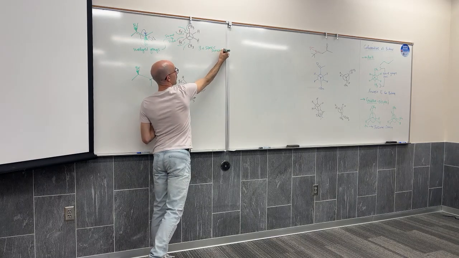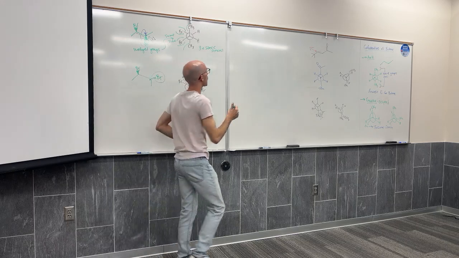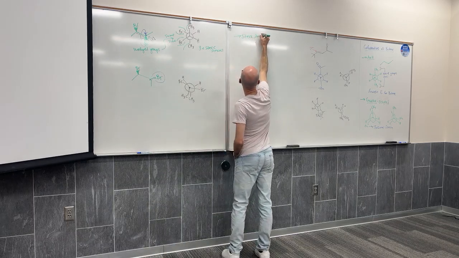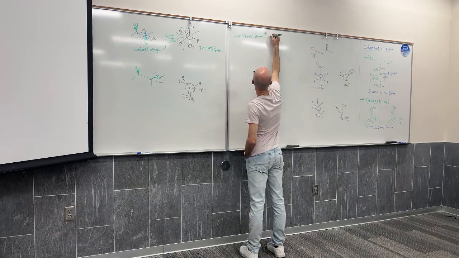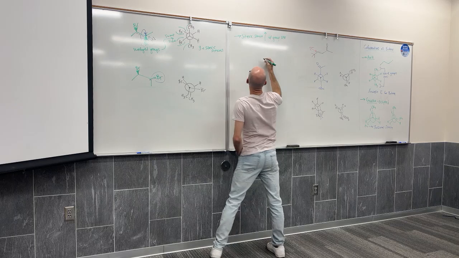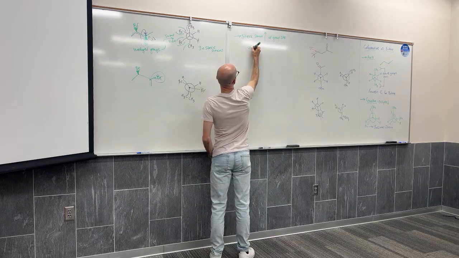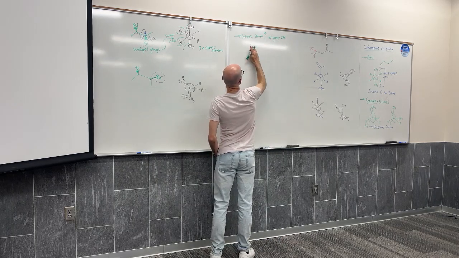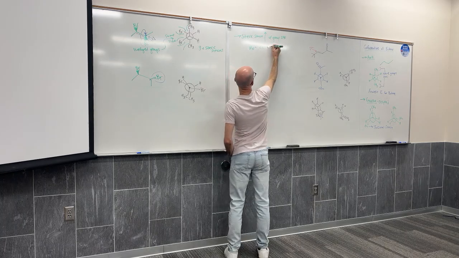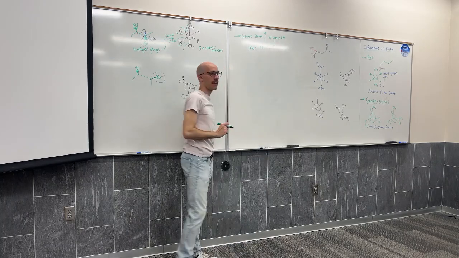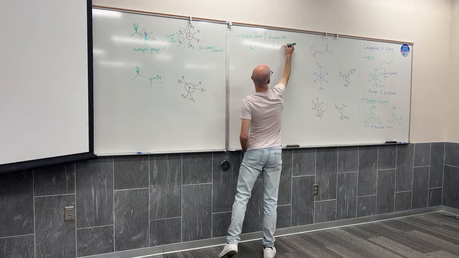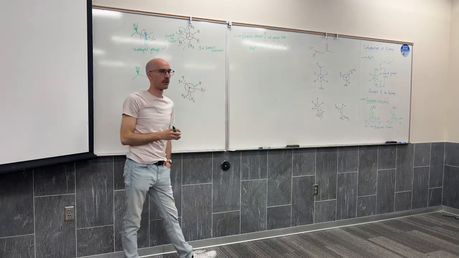And not all steric strains are identical. Steric strain increases with group size, which is to say a methyl group has less steric strain than an ethyl group, has less steric strain than an isopropyl group, has less steric strain than a tert butyl group.